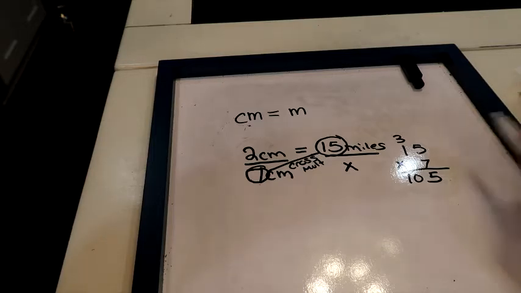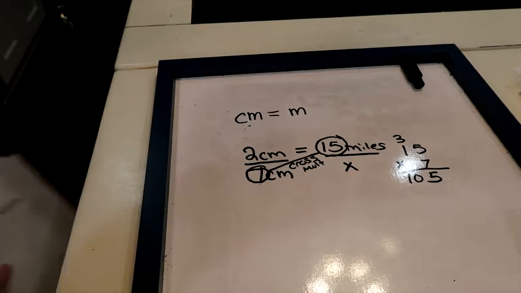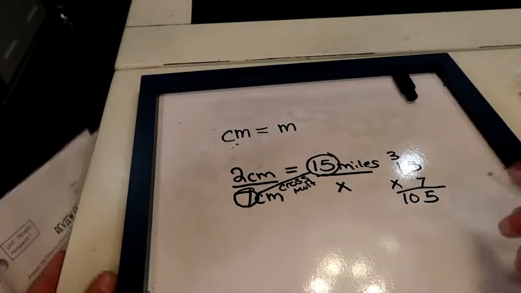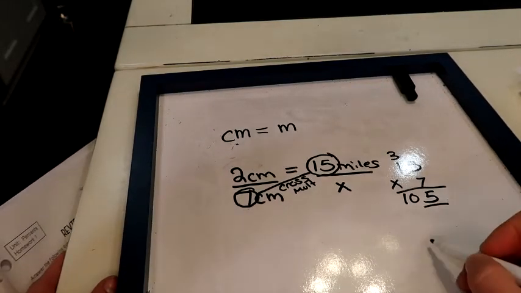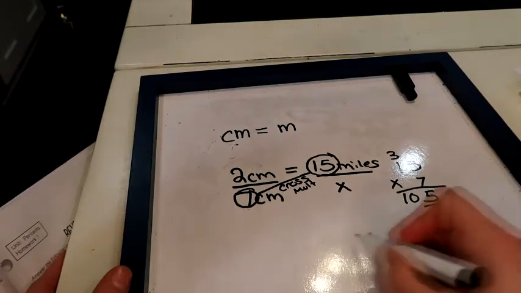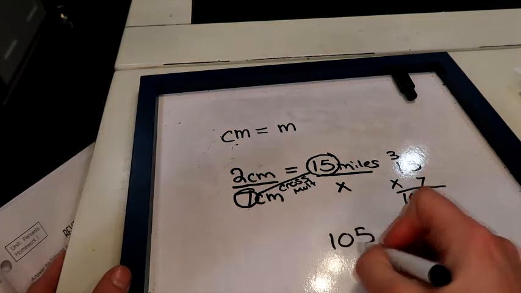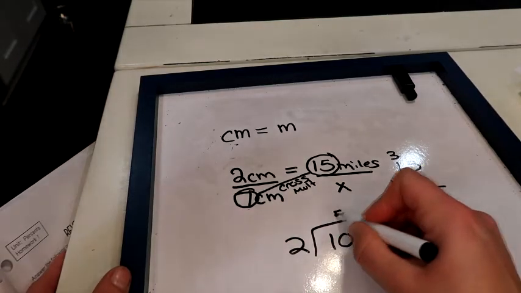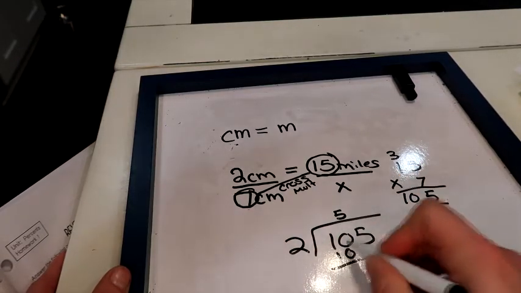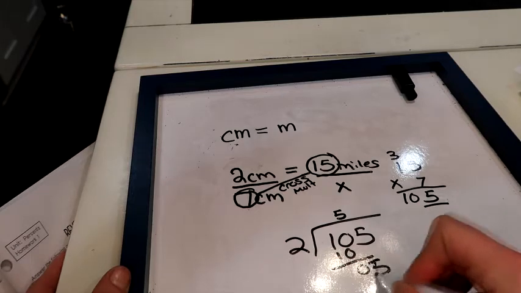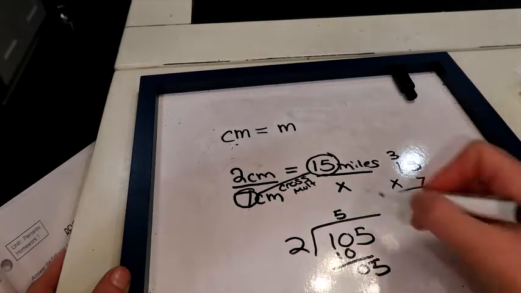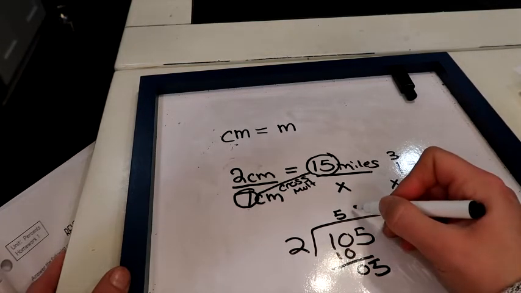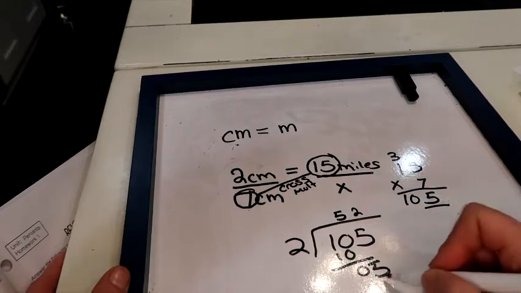Okay. Oh, okay. See, sometimes late at night I get a little confused. This is an odd number. Duh. So we have 105. Now we have to divide it by 2. 2 goes into 10 5 times. Bring down your 5. 2 goes into 5 how many times? 2 times.